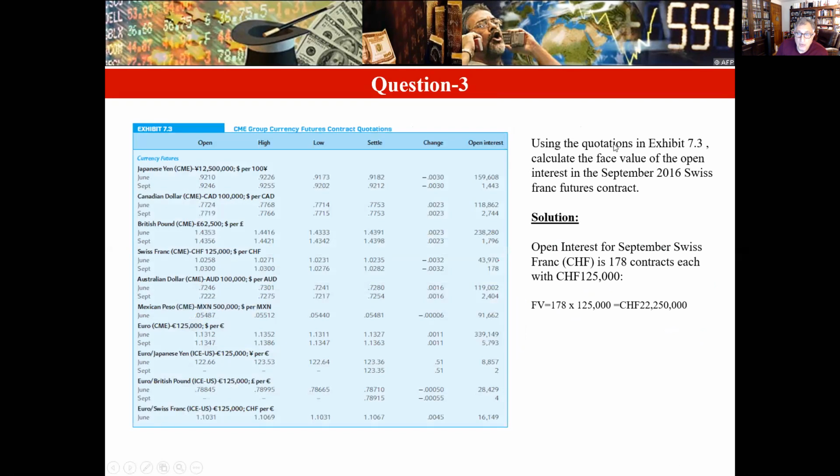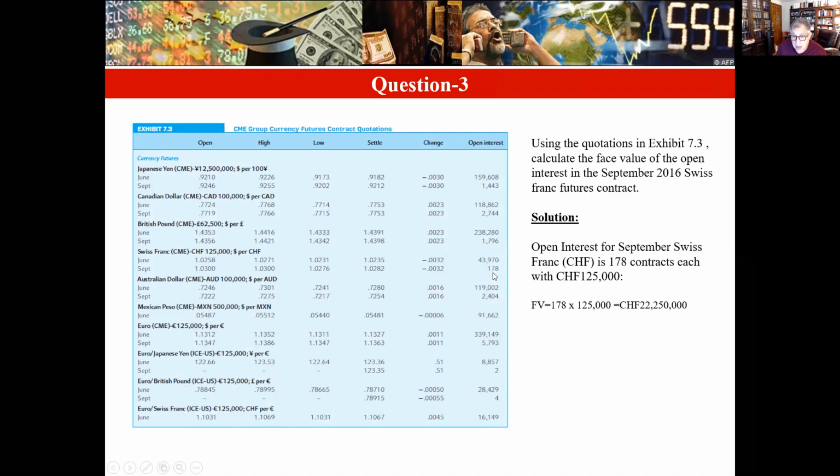So question 3 gives us this table where we have the futures prices. In this particular question, we are asked to determine the face value of open interest in the September 2016 Swiss franc futures contract. So first, take a look at the Swiss franc contract. Swiss franc contract is composed of 125,000 Swiss francs.